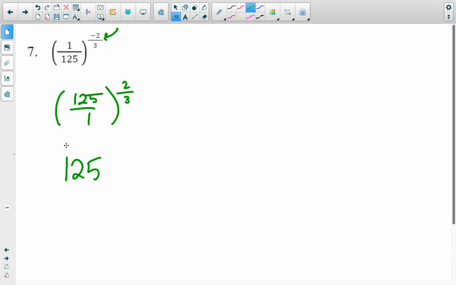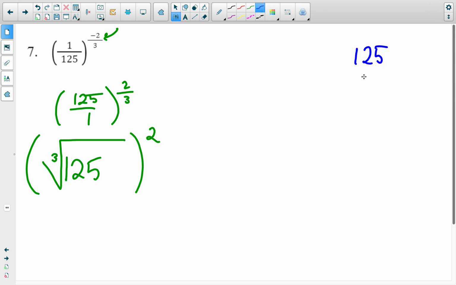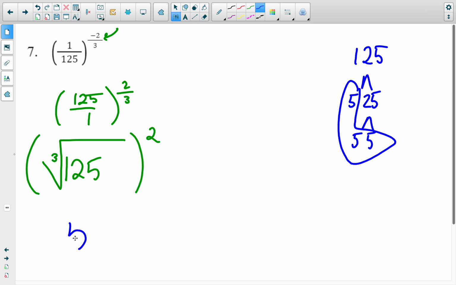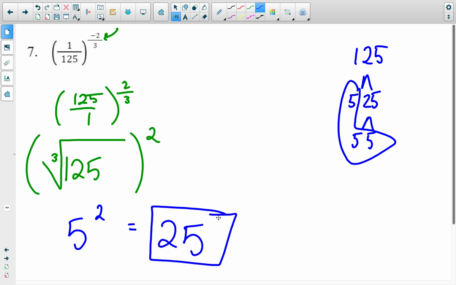Bottom left, top right, we're taking the cubed root of 125, and then we can square it. If we start breaking 125 down, we should notice that we have 5 and 25, and then 5 times 5, meaning that we have a perfect cube. So this really just turns into 5 squared, which is 25.